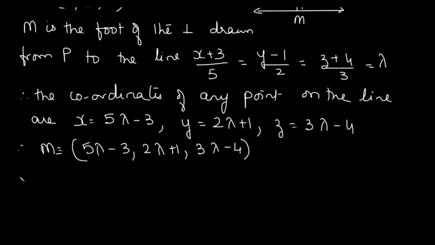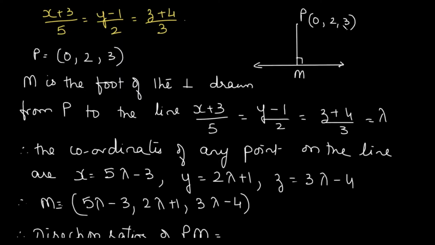Now further what we do? We find the direction ratios of PM. Now P has the coordinates (0, 2, 3).